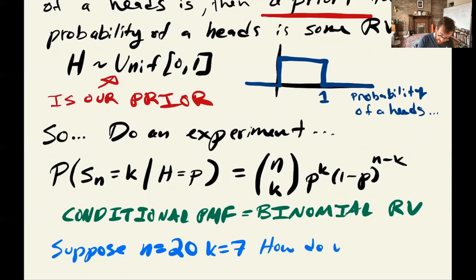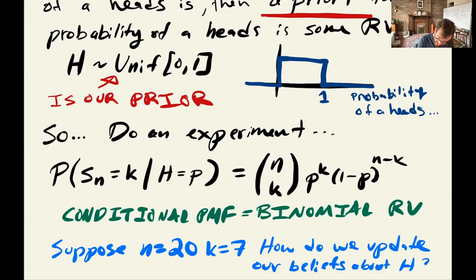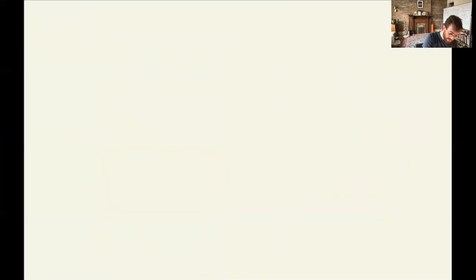How do we update our beliefs about the coin? And in this case, what we're interested in is h. So we're curious how this curve changes. Well, we need to apply here essentially Bayes' rule. So again, Bayes' rule comes to the rescue.